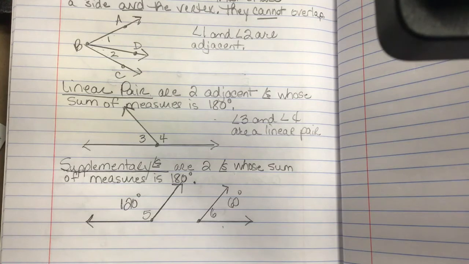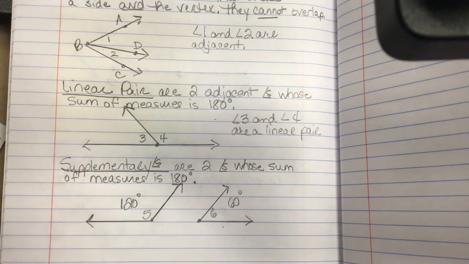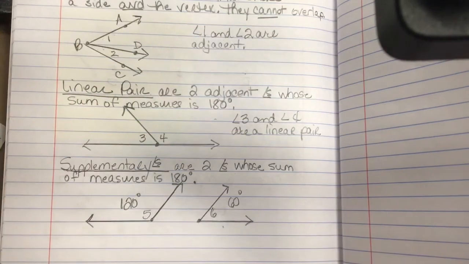Now, it's a good thought question. Do they add up to 180? Does 120 plus 60 equal 180? So they're supplementary. Are they a linear pair? No, because they're not attached. See the difference? So here's what we're going to say.